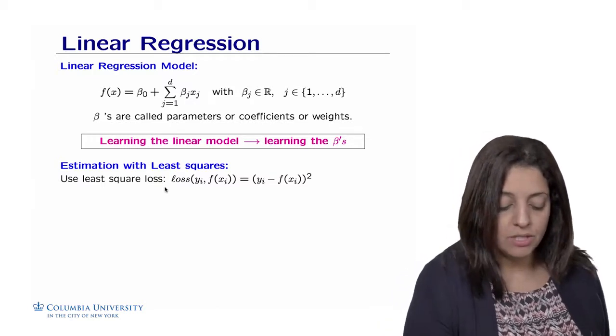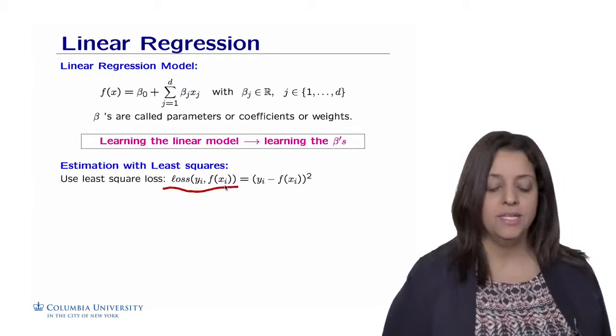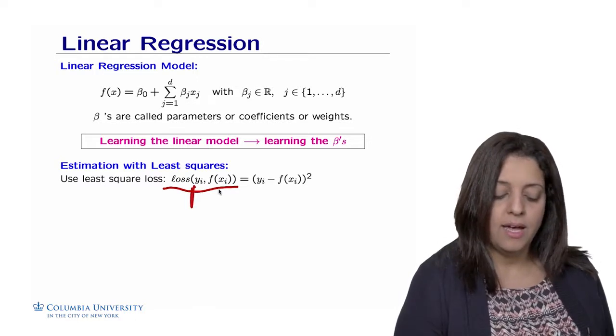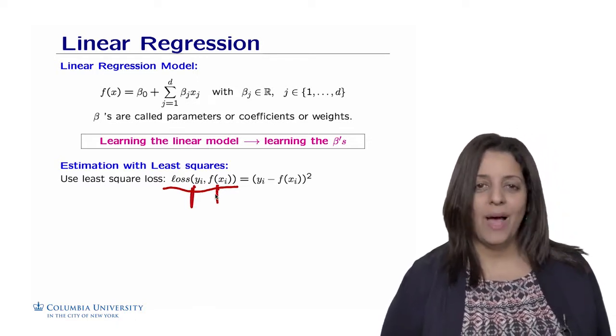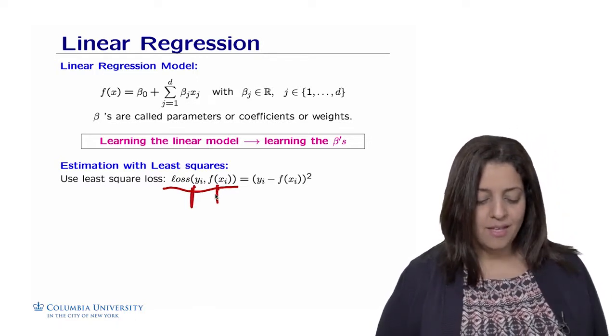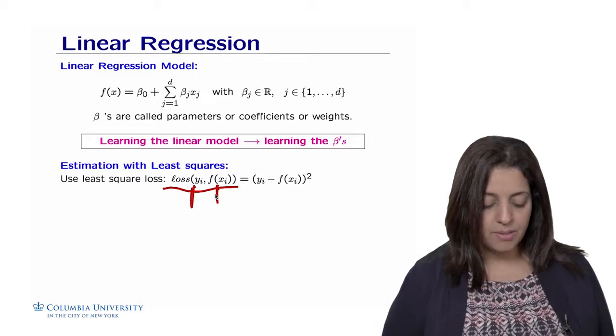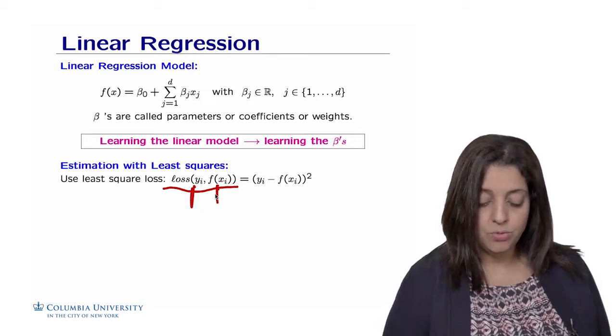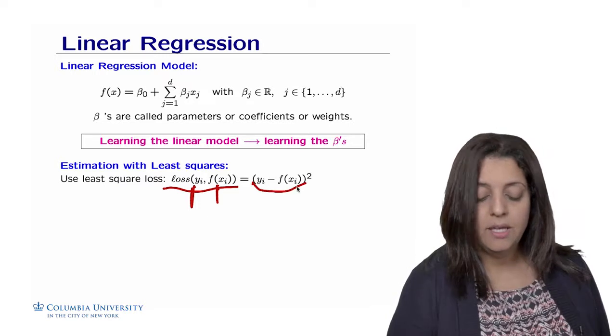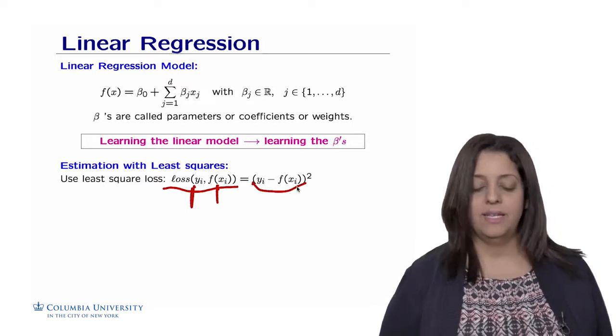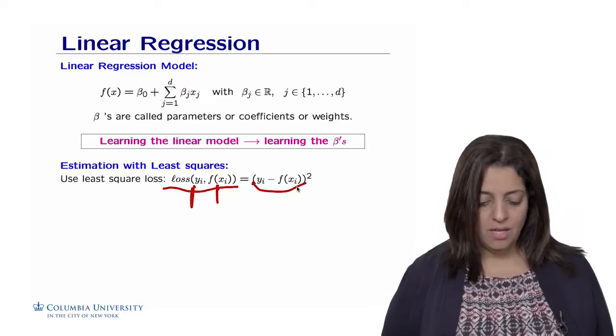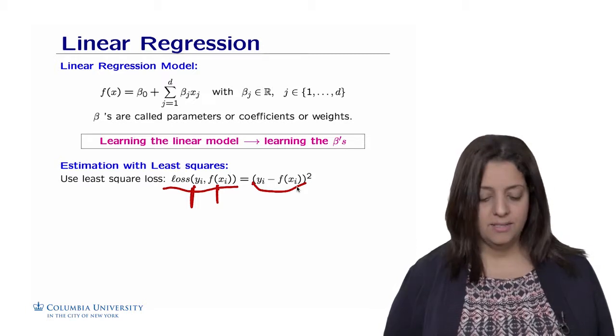So we spoke about the loss function that actually compares the true label to the predicted label. Predicted with what? With our function f of x. In this case, a simple loss function would be to just do the difference between the true label and the predicted label, and take the square to not worry about the negative sign.